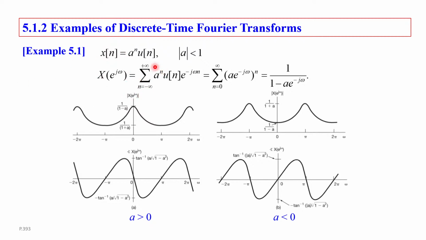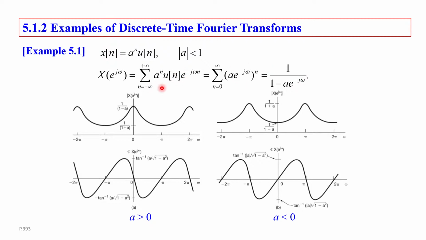From minus infinity to infinity, our x of n, and then we need to apply our negative complex exponential, so it's e to the minus j omega n. Then it's a brute force calculation here.